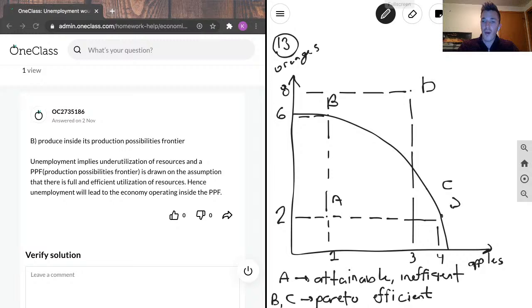Maybe you get more money or prices of apples and oranges drop. That would be a shift outward of the production possibilities frontier. Maybe you could have it then.